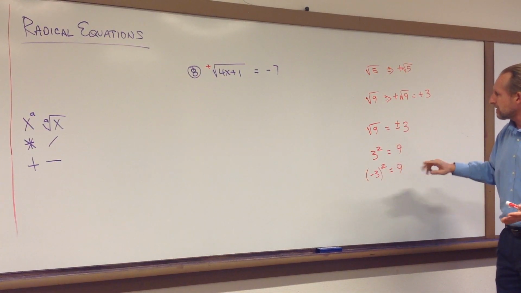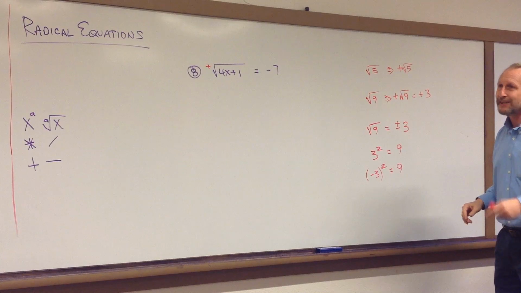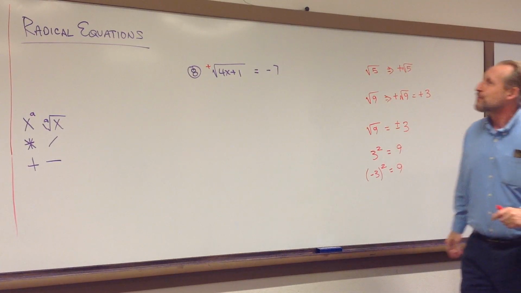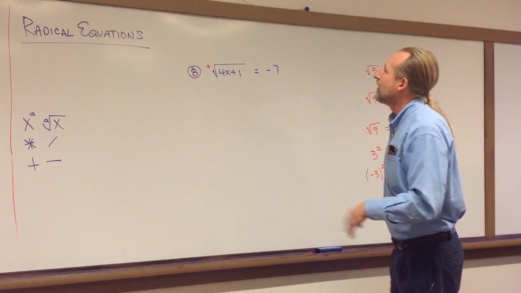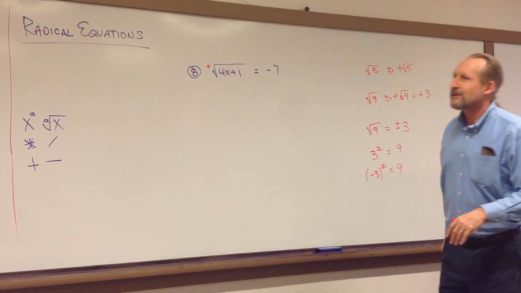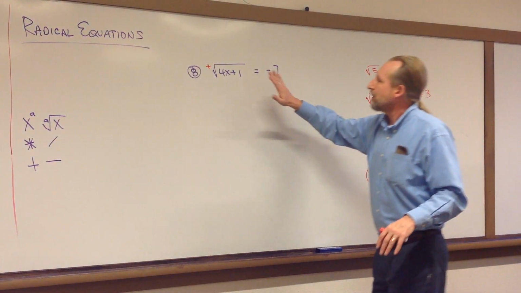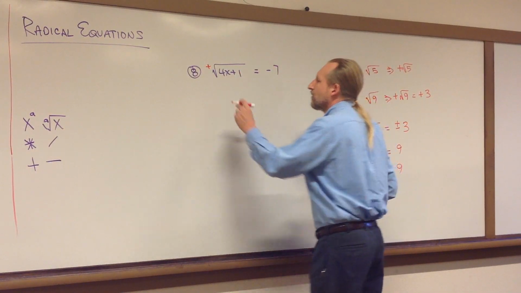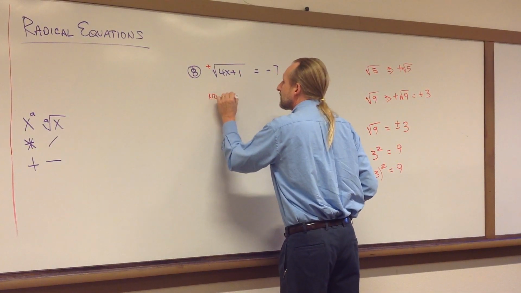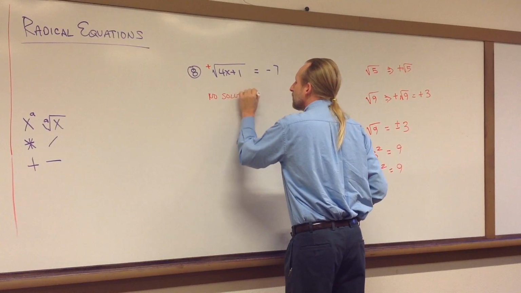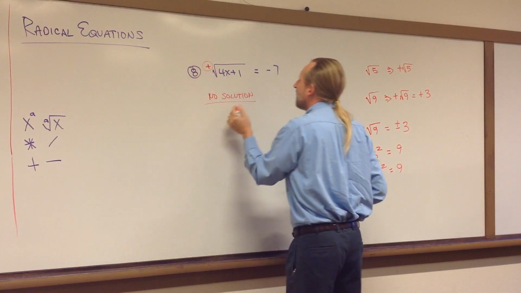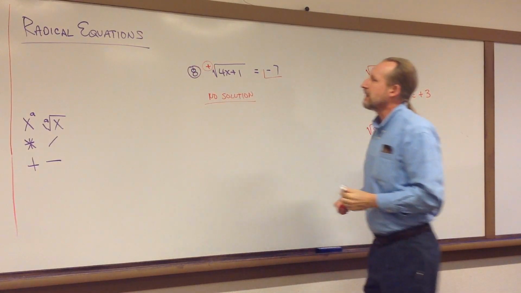I think that it's valid to consider both a positive and negative square root. But just to let you know that there are a lot of people who focus only on the positive square root, and so as a result, the answer to this problem becomes no solution. Because if we're only talking about the positive square root, then it can't be negative 7.